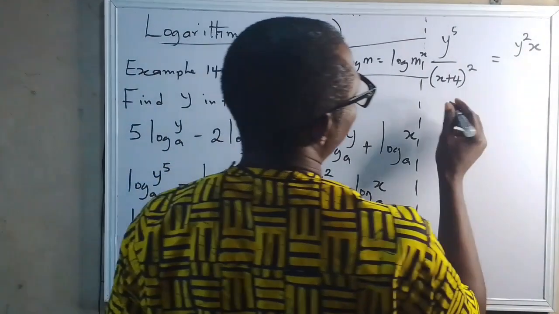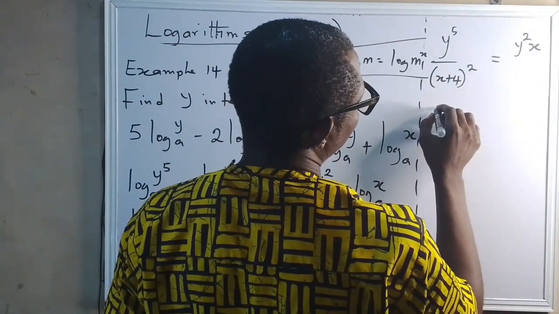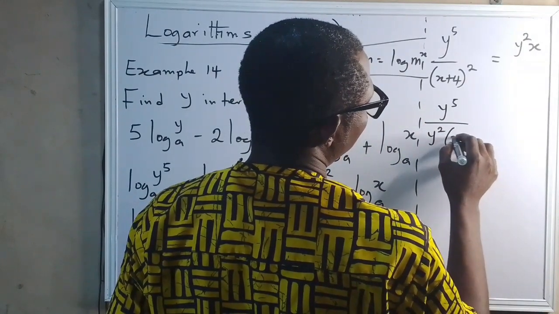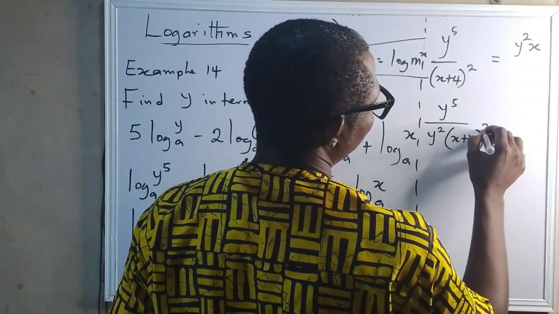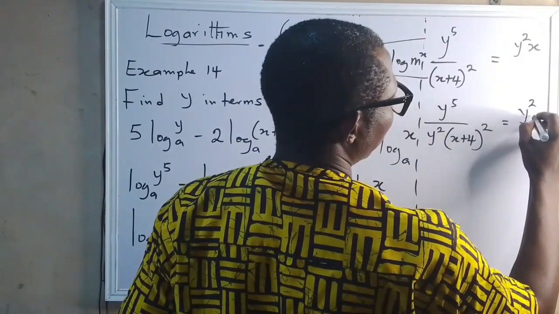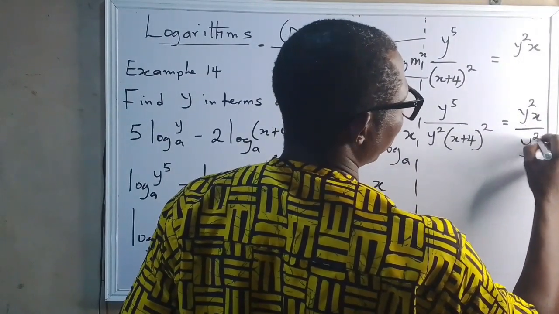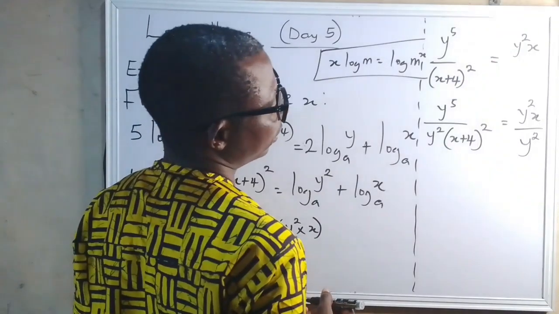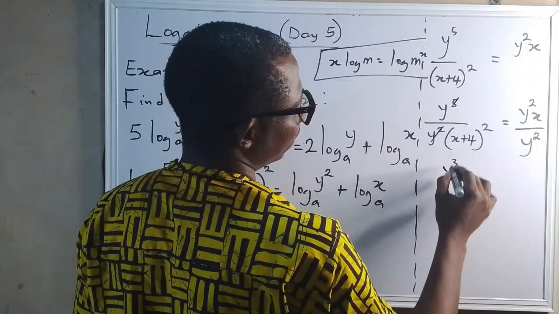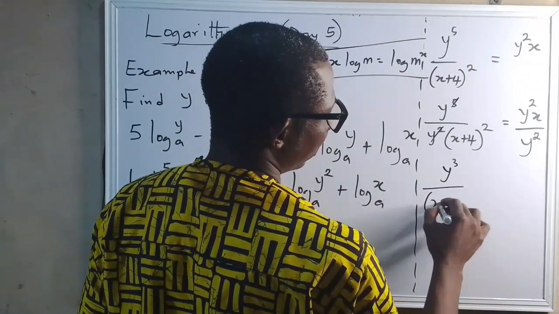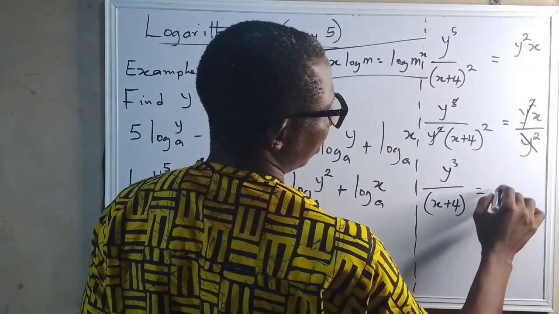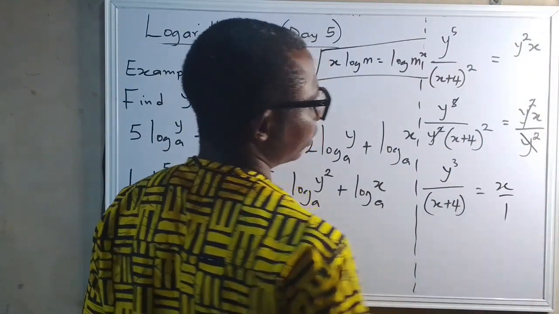When you divide both sides by y squared, you have y raised to the power of 5 over y squared, (x plus 4) raised to the power of 2, equals y squared x divided by y squared. Okay, now when you divide this by this, we have y raised to the power of 3 divided by (x plus 4) equals, now this cancels this, so you have x over 1.